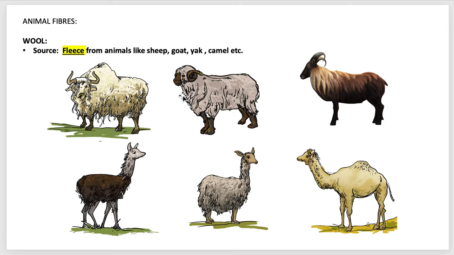So, the hair on the chin area and other parts of the sheep's body are pretty rough, pretty coarse. And the hair which is very close to the skin, just a little away from the skin, is very thin and very soft. So this fine hair is what is used to make wool.